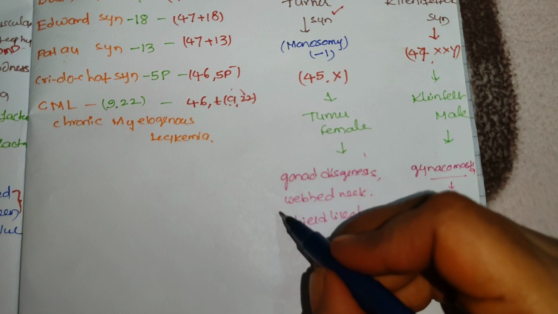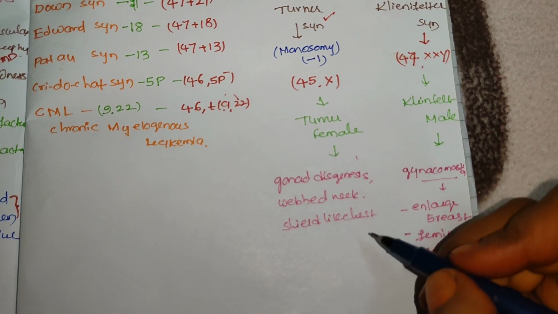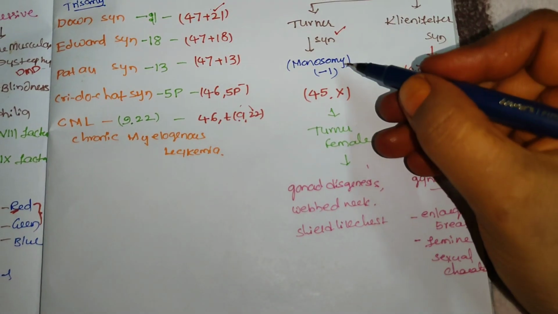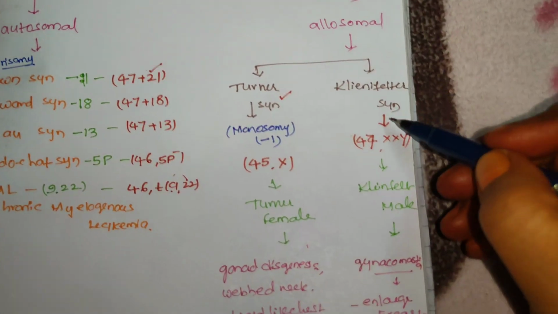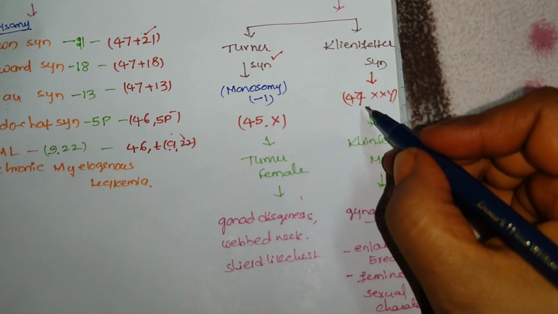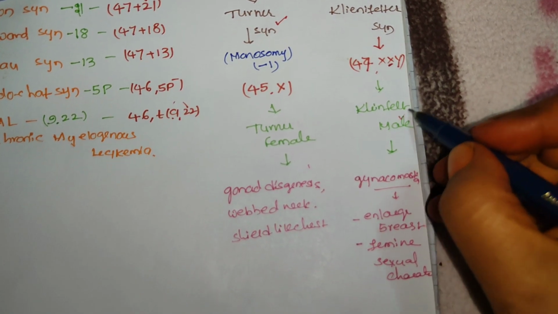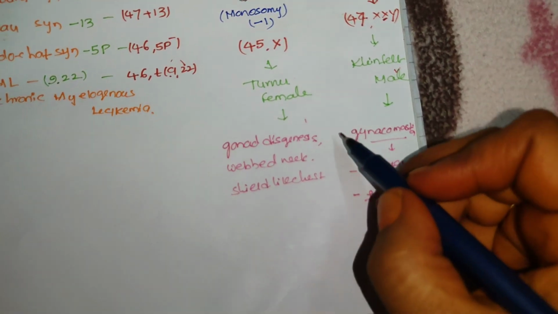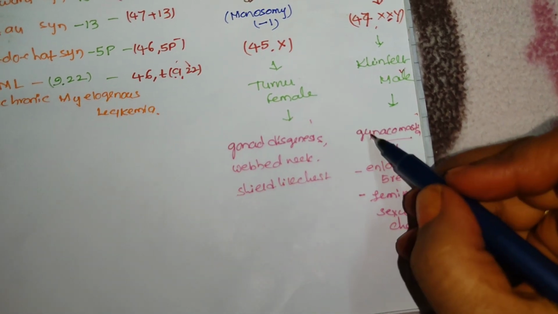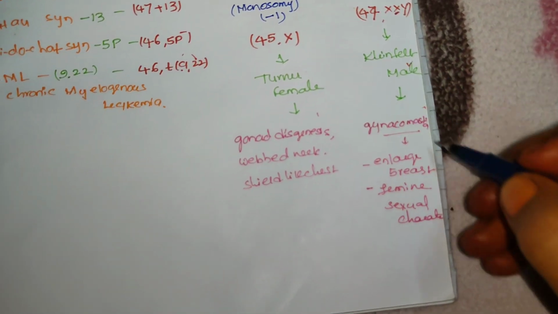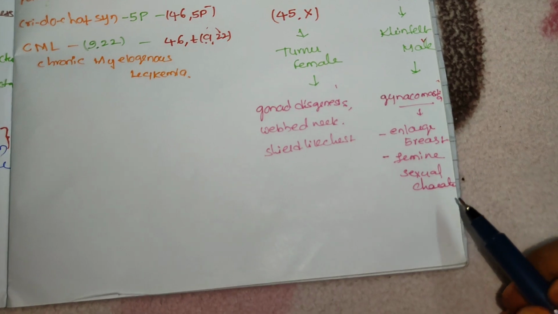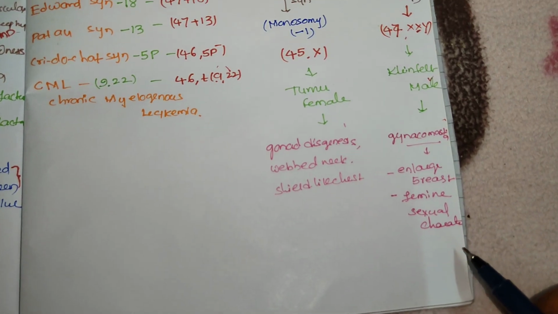The characters are also very important in the MCQ; they may give the characters and ask the disorder, so note them. Klinefelter is the addition of an extra X chromosome, which is why it is called Klinefelter male. It is also called gynecomastia; gyneco relates to female. So it has female characters, enlargement of breast and feminine sexual characters.